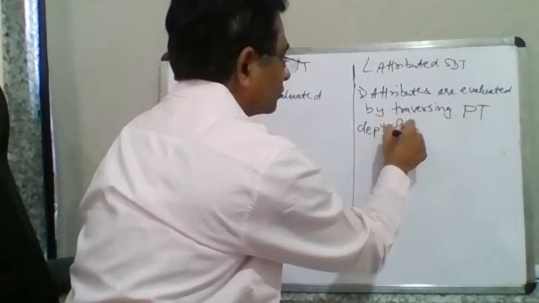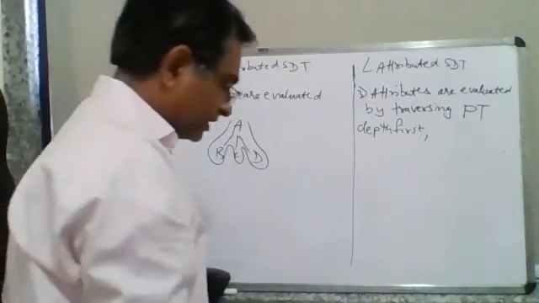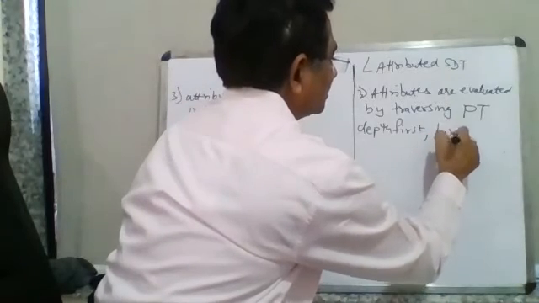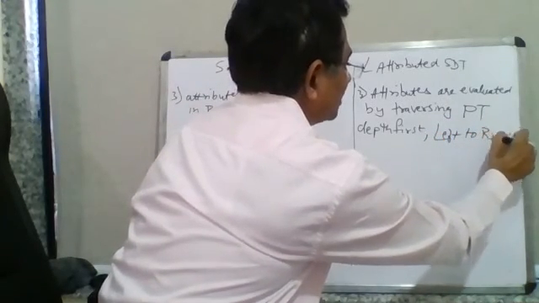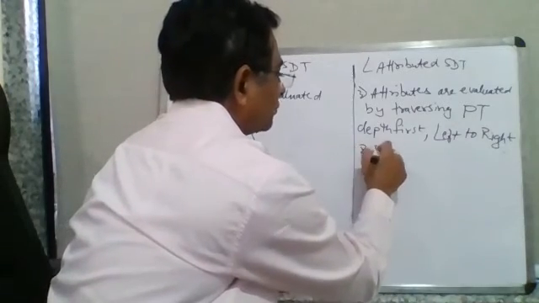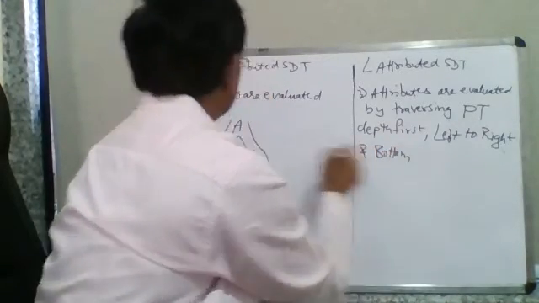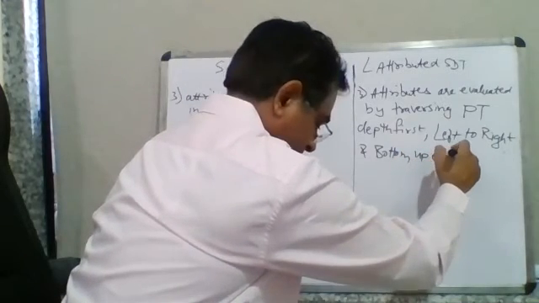This is what is going to be the operation. It is going to see the depth first, then left to right operation, and bottom up evaluation. Understand? Bottom up evaluation is always there.